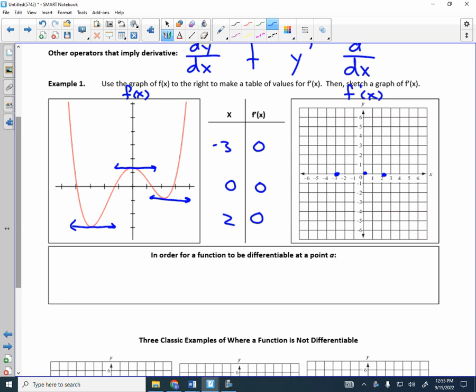Now, before we go too much further, I want you to glance at this right here. Does anybody remember what degree this function is? X to what power? It's an x to the 4th power. Okay, you guys remember that from last year, chapter 3 of college algebra? Very good. So let's look at before -3. How would you describe the derivative here? It's negative.